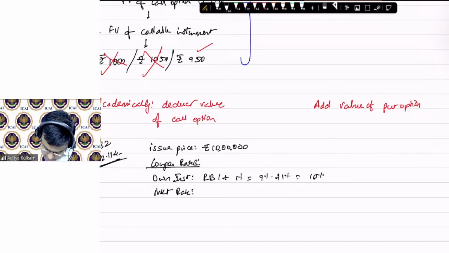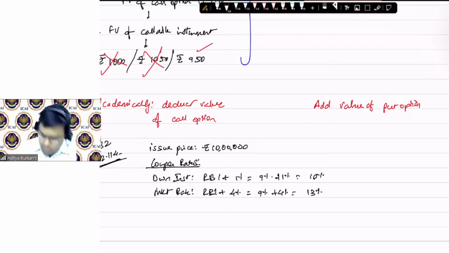Market rate is RBI plus 4%, so this comes to 13%. So our own instrument has a 10% rate. Don't predict what the rate fluctuations will be in the coming 3 years. We are not concerned with this.